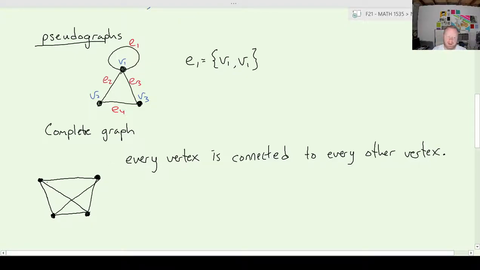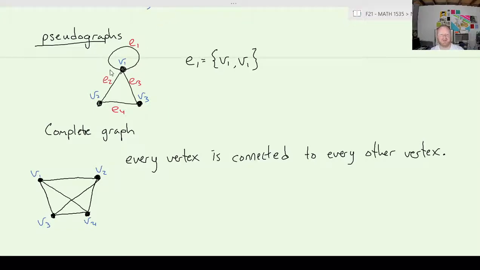So we've got 4 vertices here, and there's no missing connections here, right? I can give these labels again: V1, V2, V3, V4. 1 is connected to 2, 3, and 4 by an edge. 3 is connected to the rest of these, and so on.